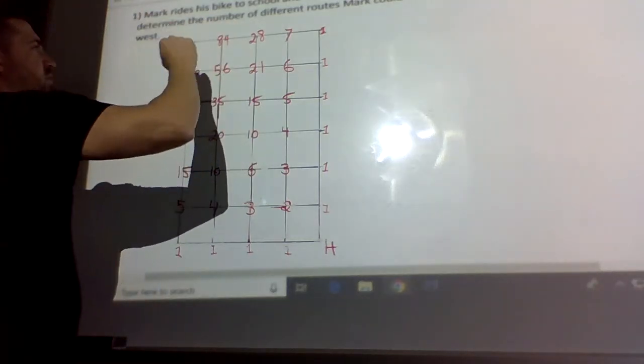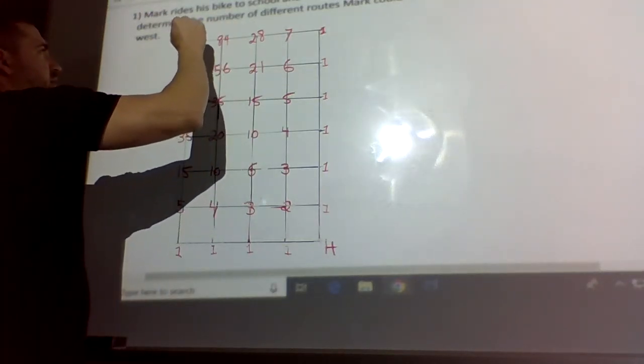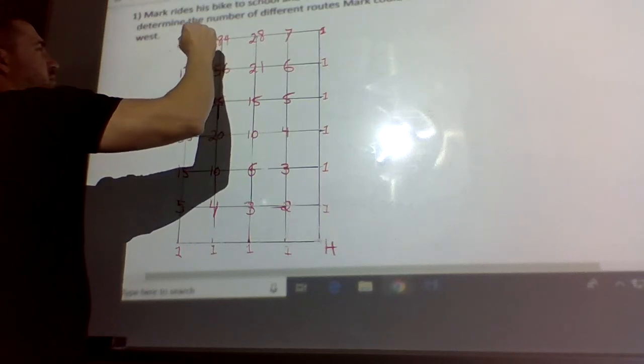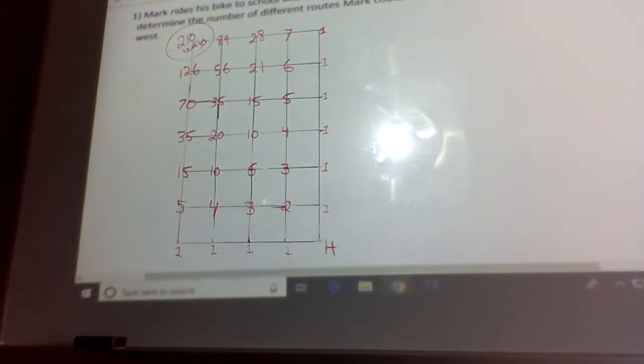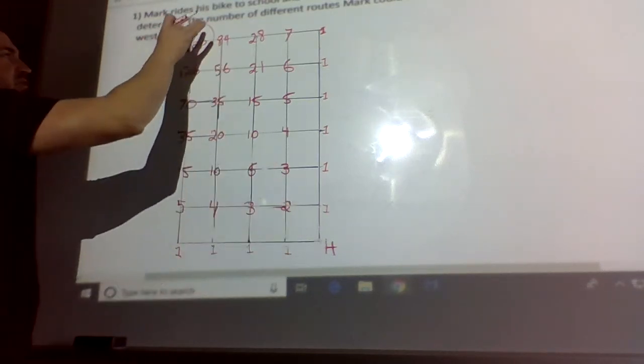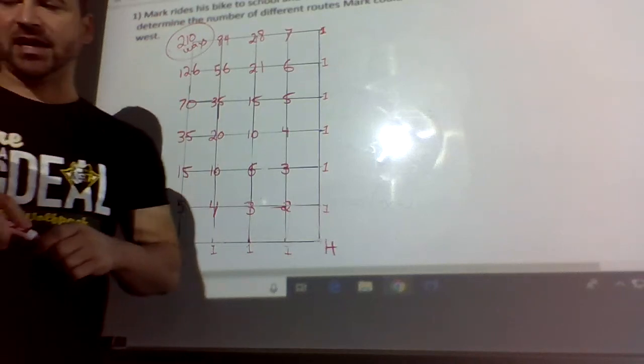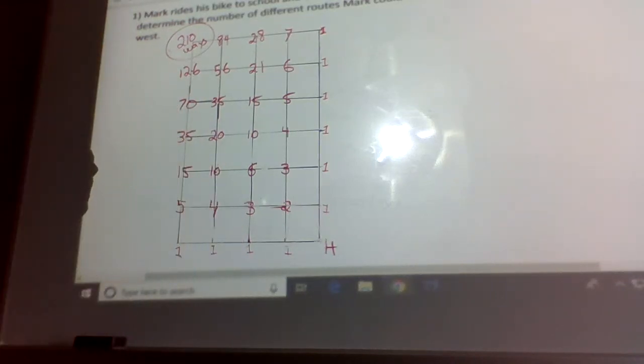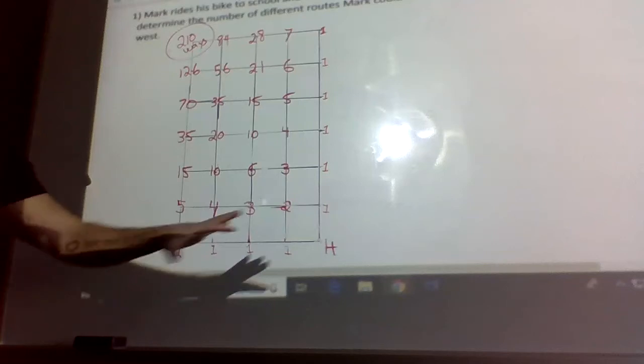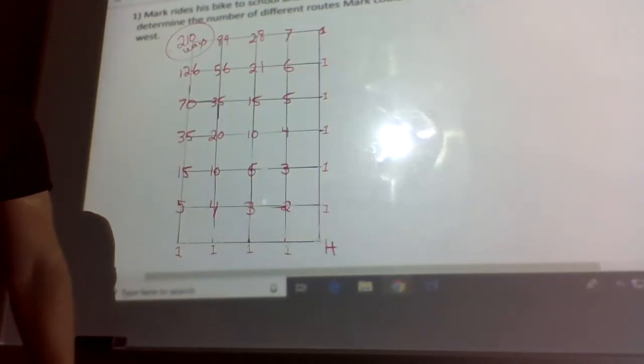So we get to school and we're at 210 ways. If you do this, the final answer at that corner would be 210. So there's 210 ways that he could go from home to school.